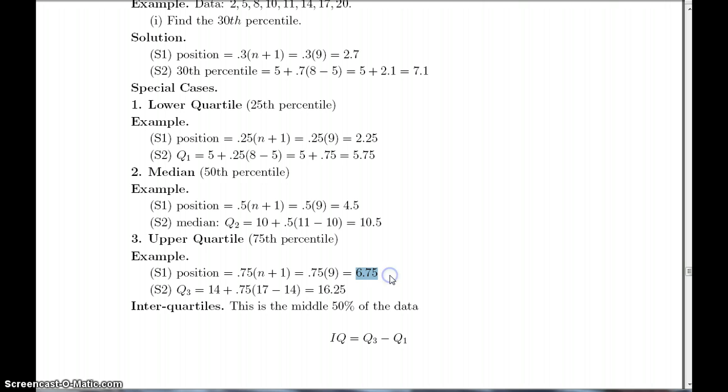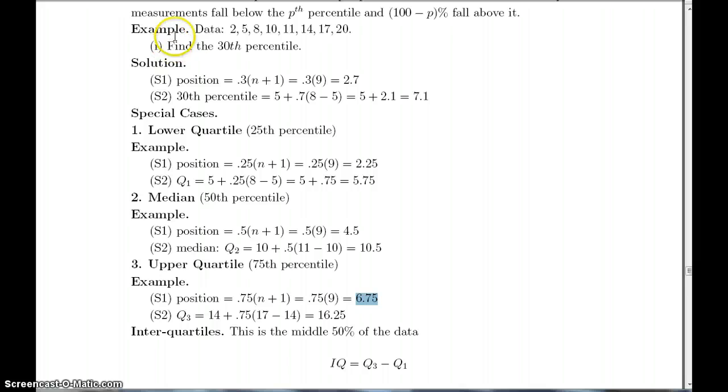So now my third quartile is between the 6th and the 7th measurement: 1, 2, 3, 4, 5, 6. So it's between 14 and 17, and I want to go 3/4 of the distance between 14 and 17. So it's 14 plus 0.75 times 17 minus 14, or 16.25.